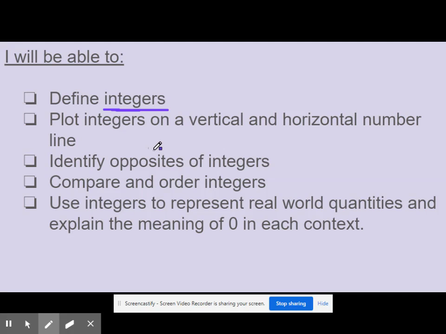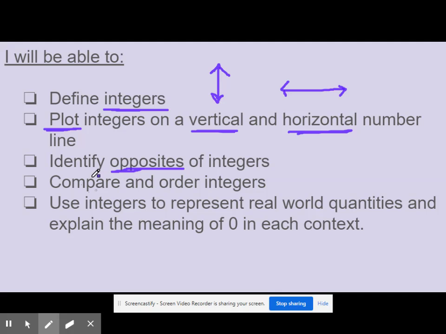But we have a lot of other vocabulary words. We also want to be able to plot integers on vertical and horizontal number lines. So remember, vertical is up and down, horizontal is like the horizon. So we want to be able to plot integers on number lines. We want to be able to identify opposites of integers.